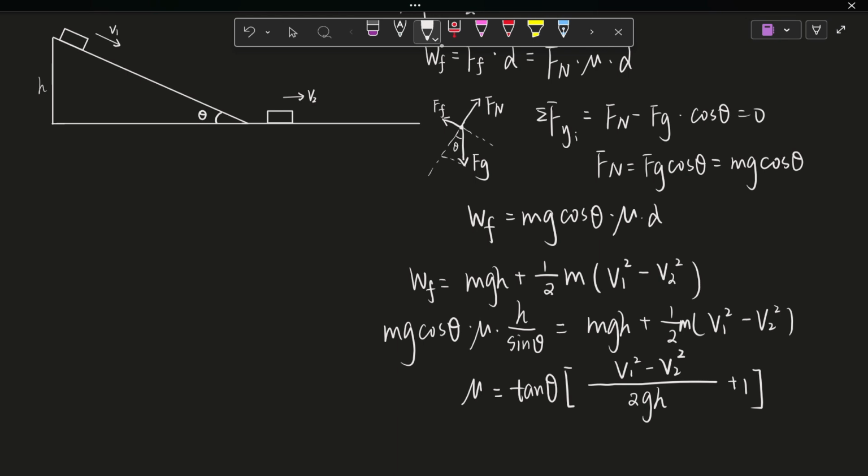And that is your final answer. The tangent theta exists because cosine theta over sine theta is equal to cotangent theta, or 1 over tangent theta, on the left side. So if you want the right side to get tangent theta, you multiply it by tangent theta. And then m can be cancelled out. Yep, I think that's correct.